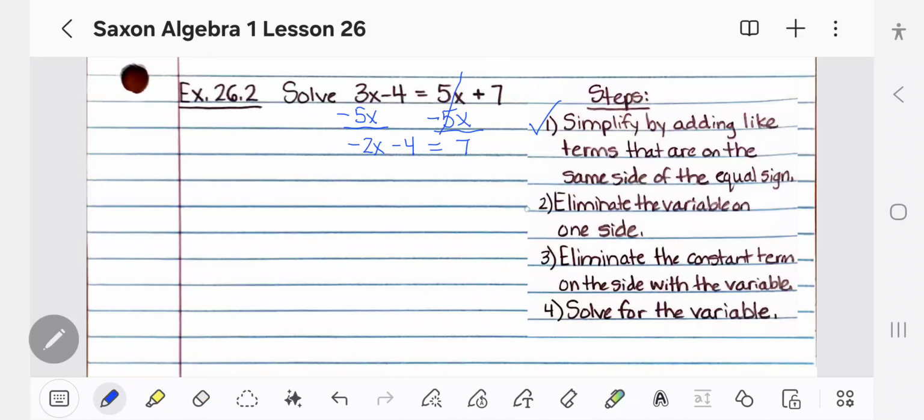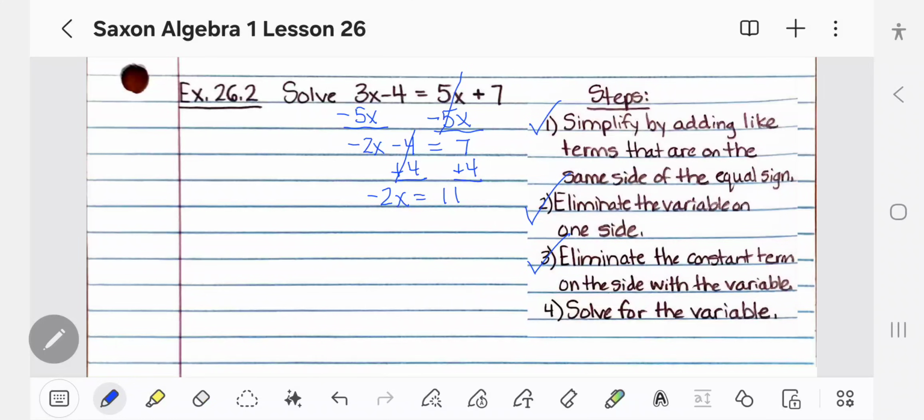Eliminate the variable on one side. We did that. Eliminate the constant term on the side with the variable. So this time, the minus 4 or negative 4 is on the same side as the variable. We will have to make it go away by doing the opposite, which is adding 4. We get negative 2x equals 11.